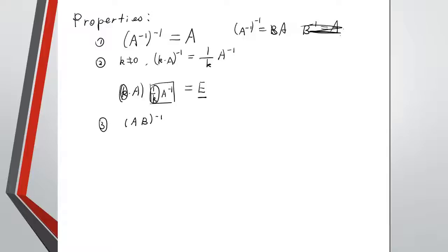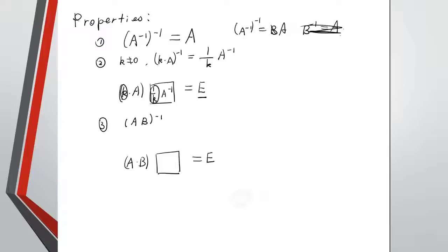So here, let's do it again. AB as a whole matrix, right? We have to multiply it by another matrix to equal this E matrix. Think about it: although we don't have the commutative law universally for matrix algebra, we do have the associative law.